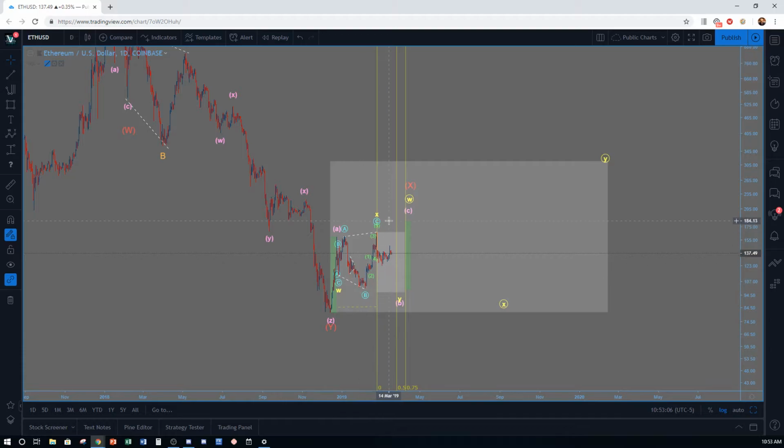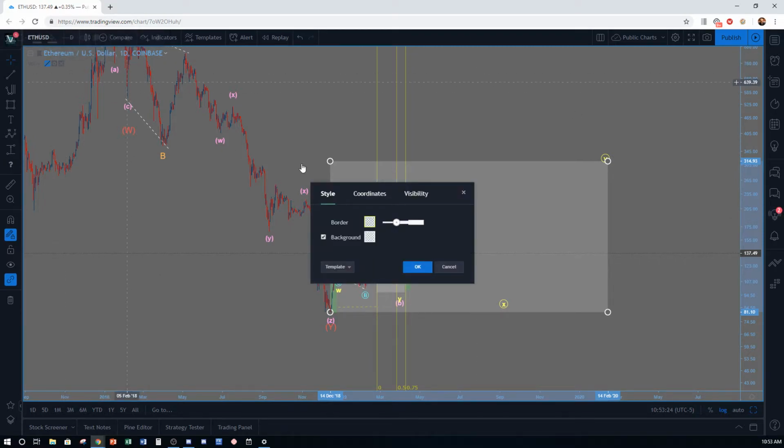I also mentioned the fact that this could be a basing pattern. This could be the bottom of our base. This could be our A. This could be our B. The rest of this could be irrelevant. We could have a massive impulse behind this. I would love that. Just don't know that it's true. Let me go ahead and make this a line here.